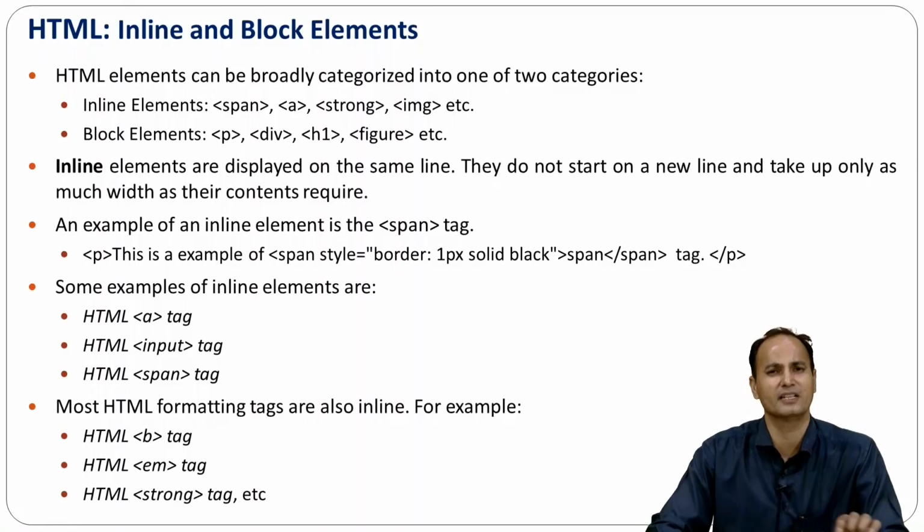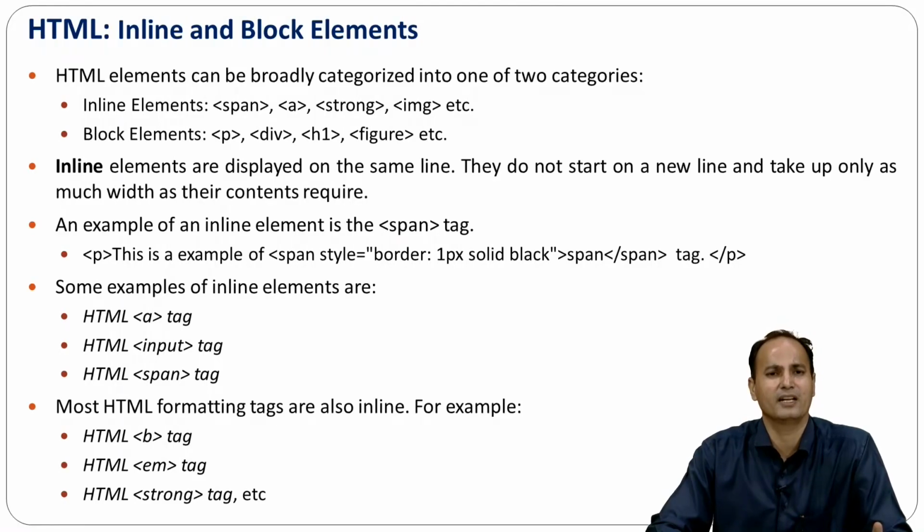So it is written in the same line where it is declared, and it will not take much space or width compared to the content that is going to be displayed in an inline tag or element.